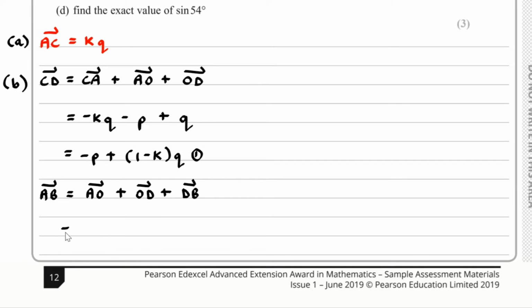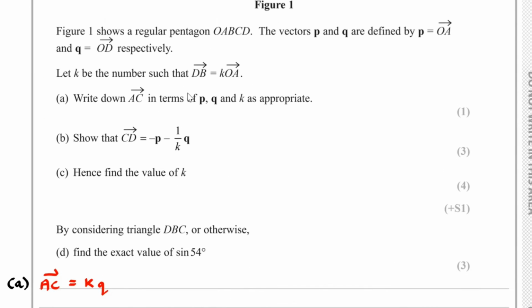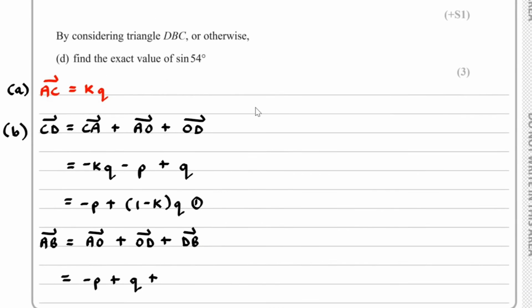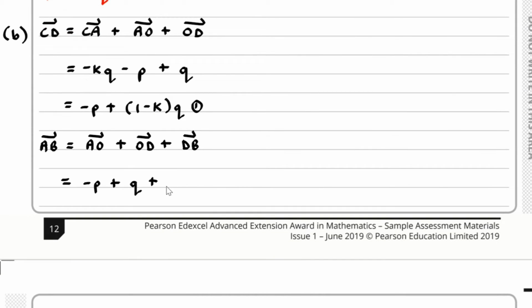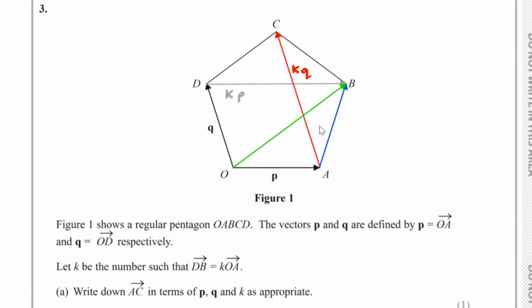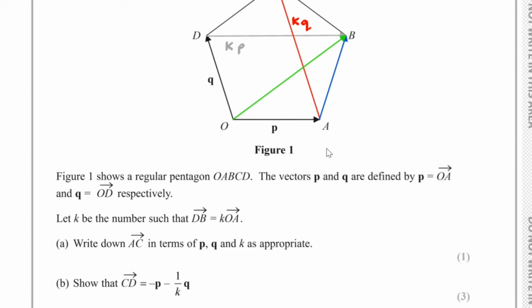So I've got the vector AO, which is negative P, the vector OD, which is Q, and the vector DB, we already know what that is. That's KOA, which is KP. So we add on KP. So now we have found the vector AB, which is equal to negative P plus Q plus KP.